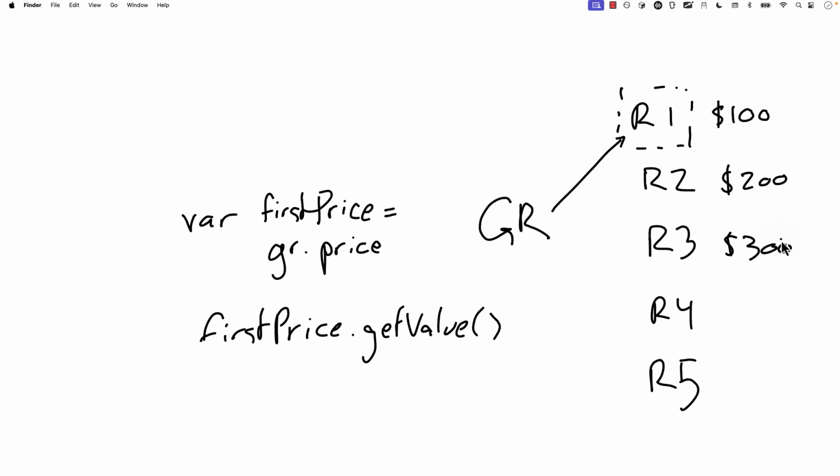When we call gr.next, and it's no longer pointing at the first record, but at the second one, here's what happens. If we now call firstPrice.getValue again when it's pointing at R2, it's going to return the price of the second record instead. It's going to give us $200 as the result.